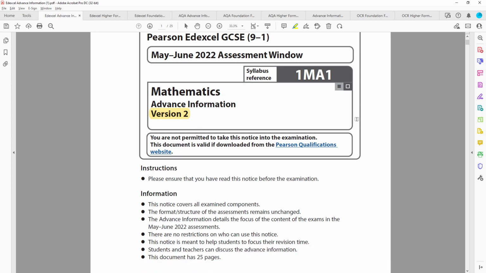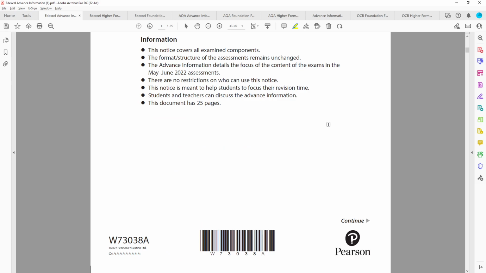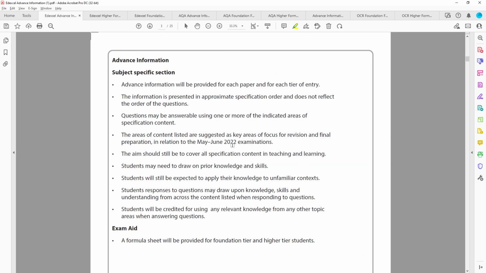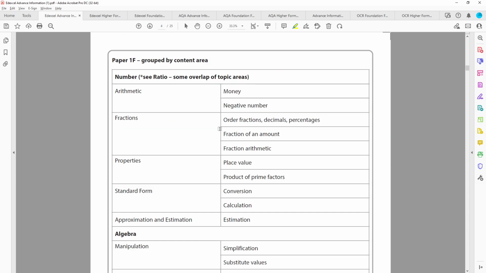It starts off just discussing what the document is for, and then it goes straight into paper 1 for foundation. The thing that says paper 1F is just the first paper for foundation. Not only does it tell you, for instance, that it has arithmetic in it, but it says it's the money and negative number part of arithmetic.